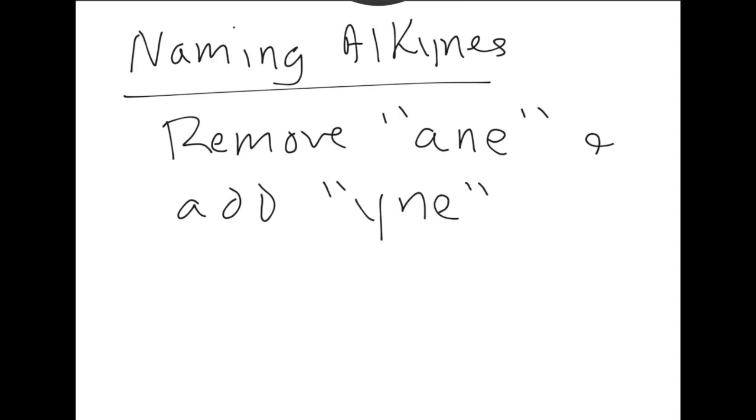So you go from an ane to an yne. And that's it. Other than that, you just basically follow all of your alkene naming rules in terms of numbering and things like that. But it's super easy.